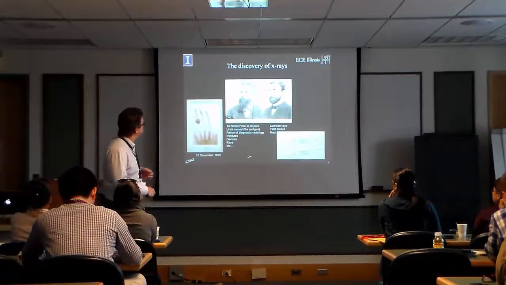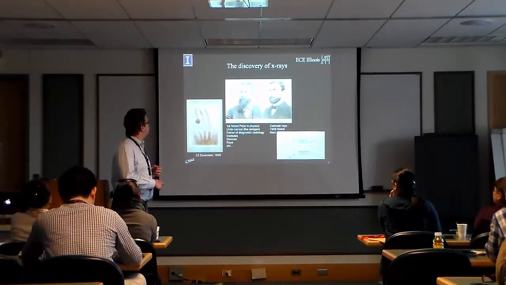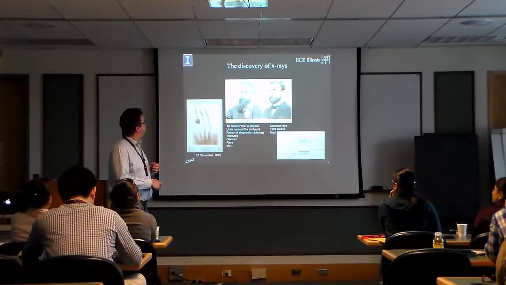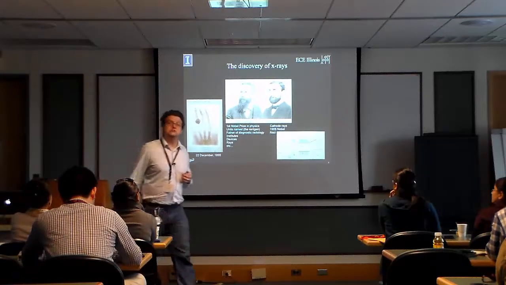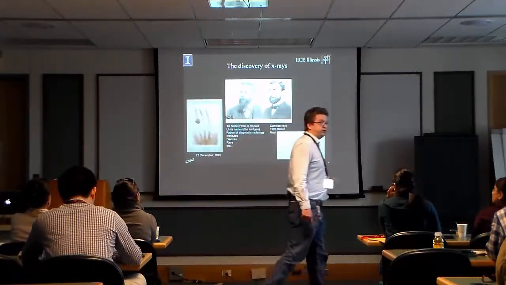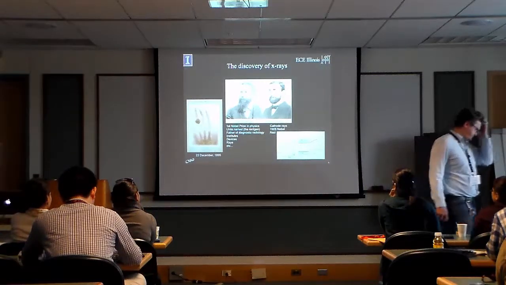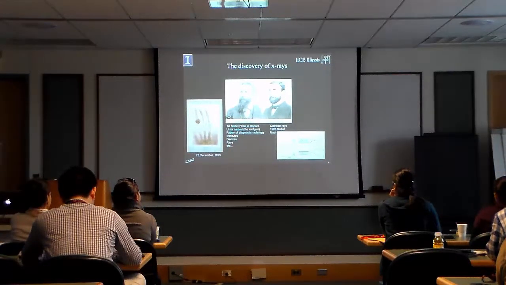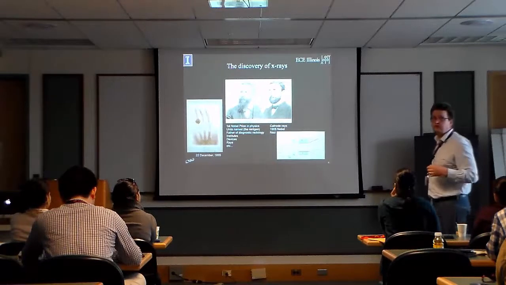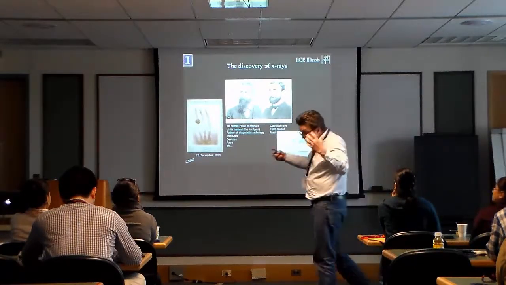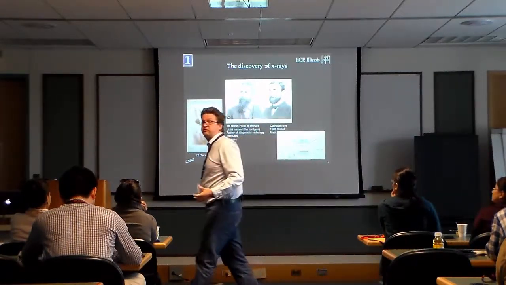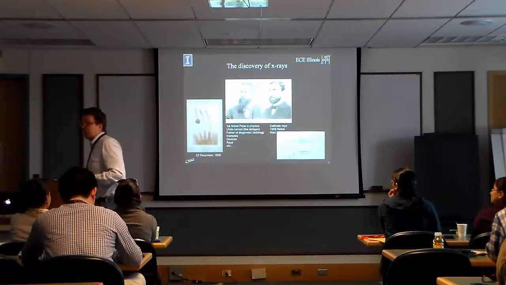He was using a cathode ray tube developed by a guy named Philipp Lenard. Lenard was a Hungarian. He also won the Nobel Prize a couple of years after Röntgen. Building the instrument matters. It's more than just a matter of going out and making the discovery.